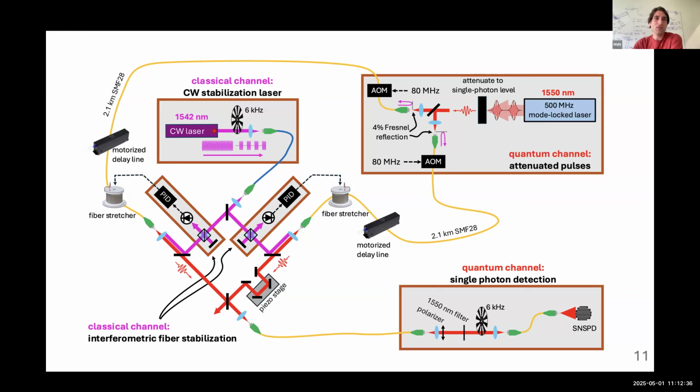So it's not actually going anywhere, but it is going through a very, very noisy environment. And what we see is that this 2.1 kilometer fiber actually has more noise on it than the actual deployed fiber. We have a fiber that runs from NIST to the university, and that has less measured phase noise than this one does. So it's a nice test case.